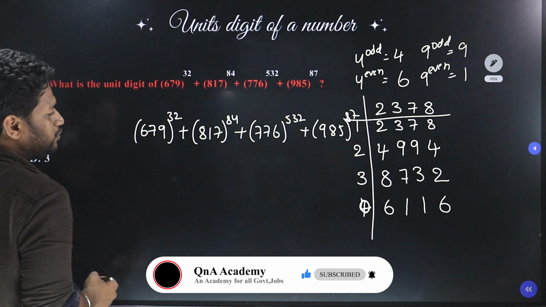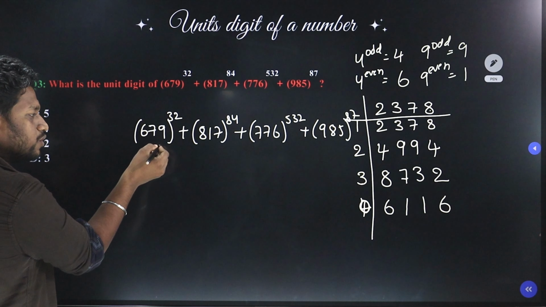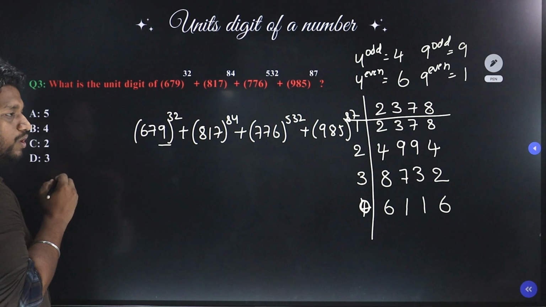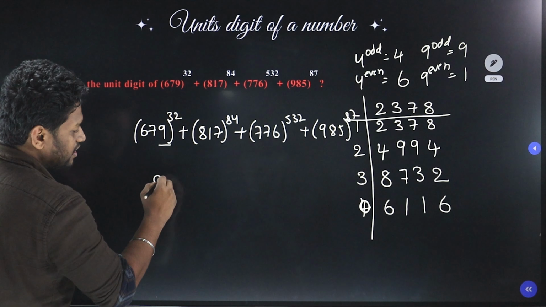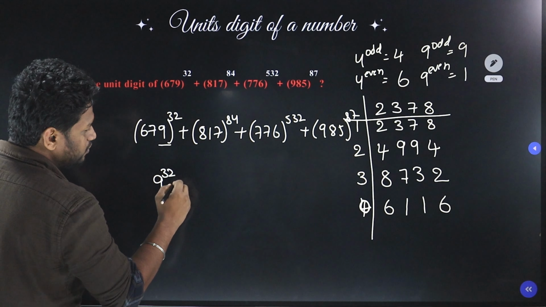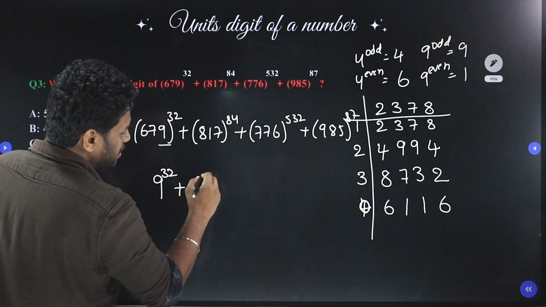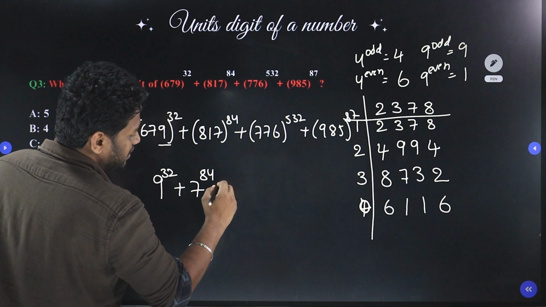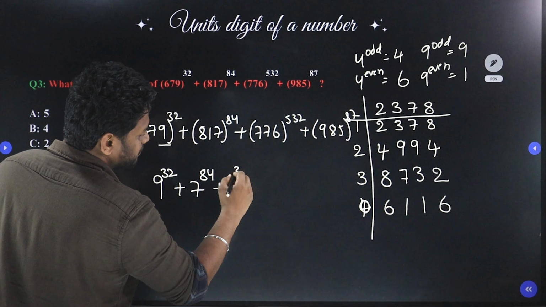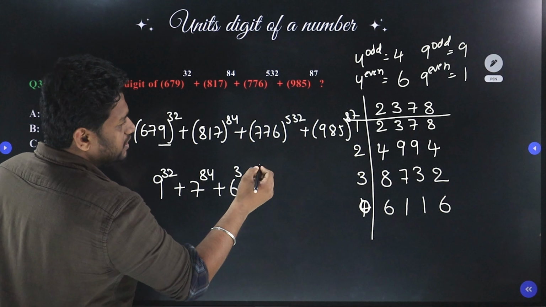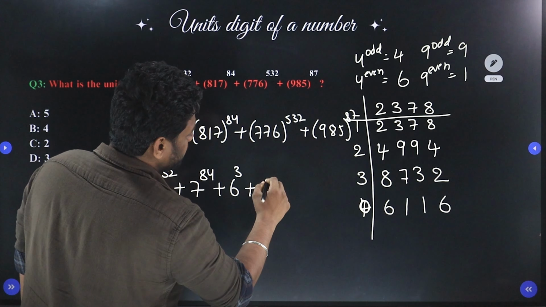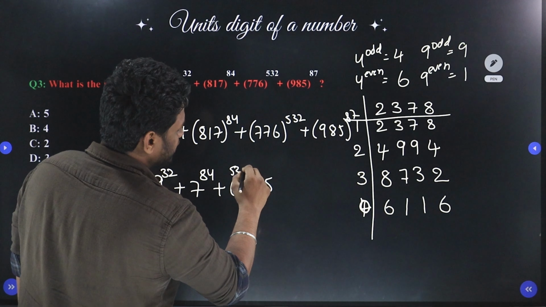So here what do I have to consider? I have to consider only my units places. What are my units places here? 9 power 32 plus 7 power 84 plus 6 power anything plus 5 power whatever they have given, 532 and 87.